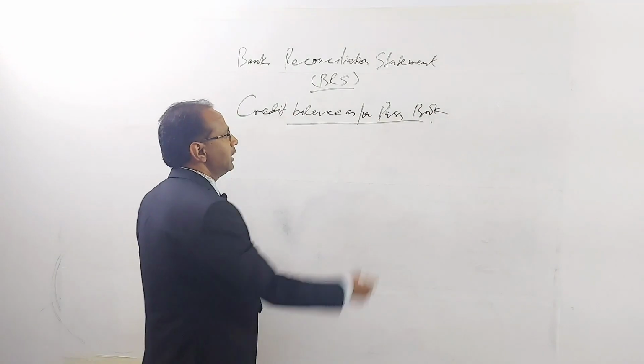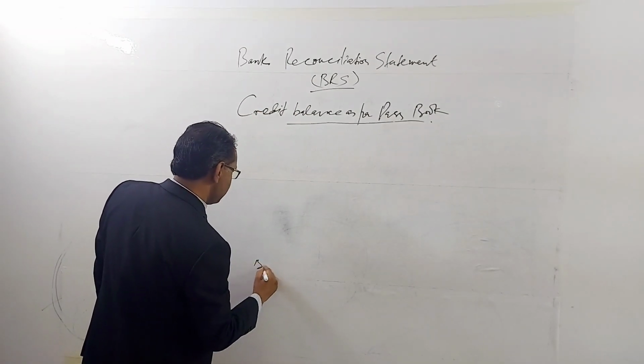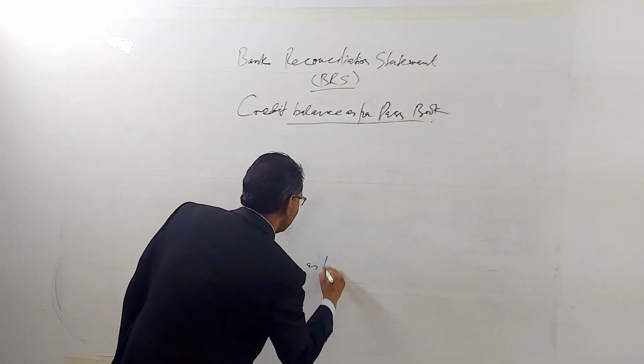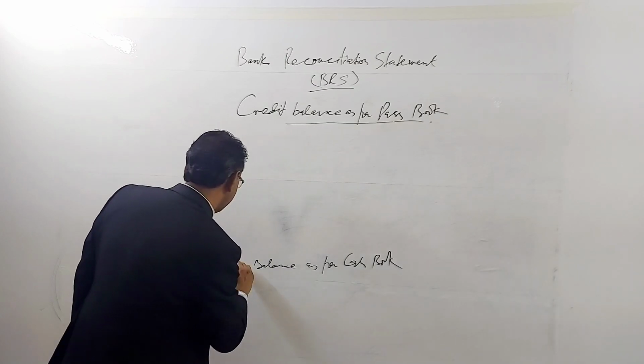This will be our starting point. We will start from here, the credit balance as per the passbook, and we will reach the balance as per cash book. This will be the debit balance as per the cash book.